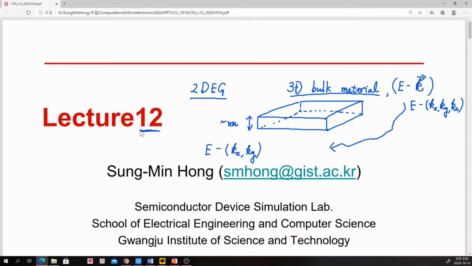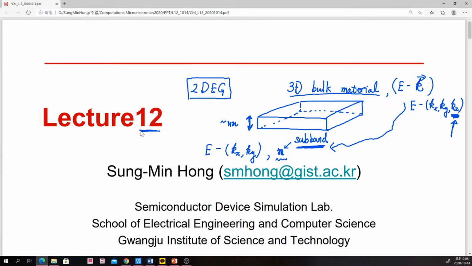And still we have a degree of freedom along the z direction. Then how can we understand this third degree of freedom? In this two-dimensional electron gas description, we introduce another quantum number, corresponding to the so-called subband. The quantum confinement effect due to this thin layer is reflected in this subband description.